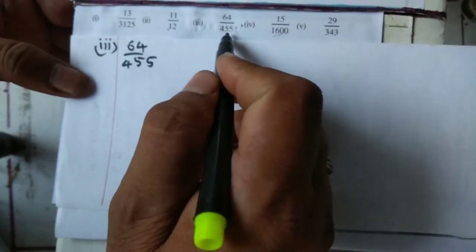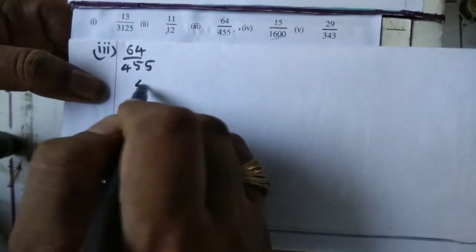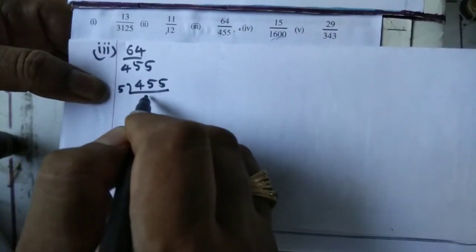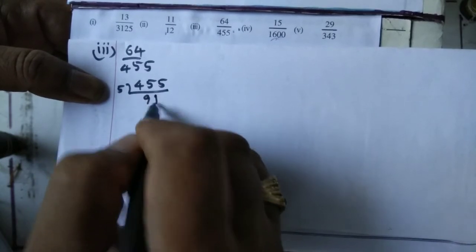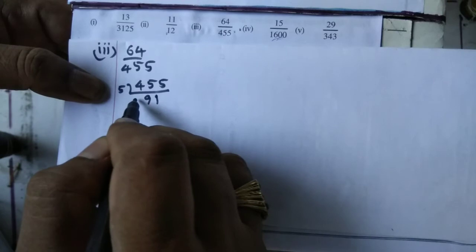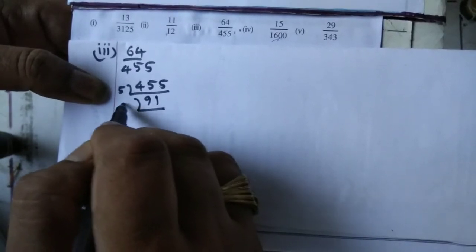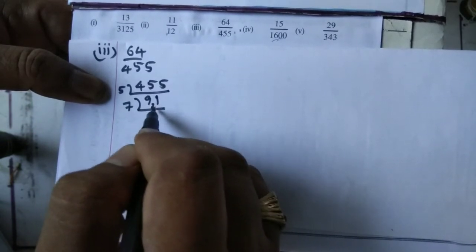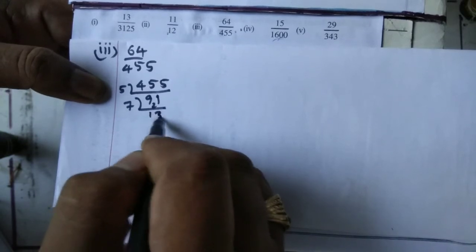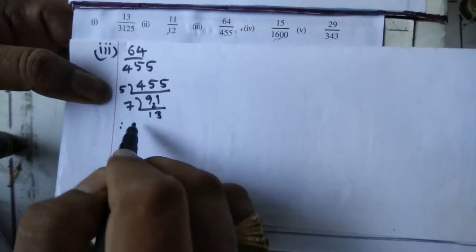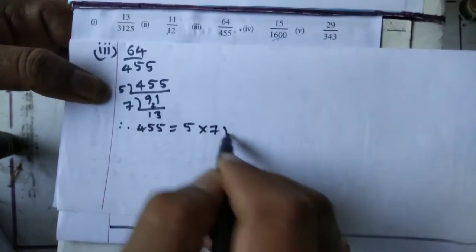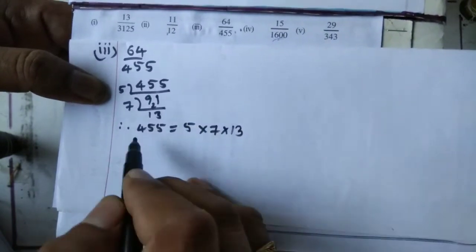Third problem, 64 by 455. In this denominator 455, 5 table, 5 9s are 45, 5 1s are 5. 7 1s are 7, 7 3s are 21. Therefore 455 is equal to 5 into 7 into 13.